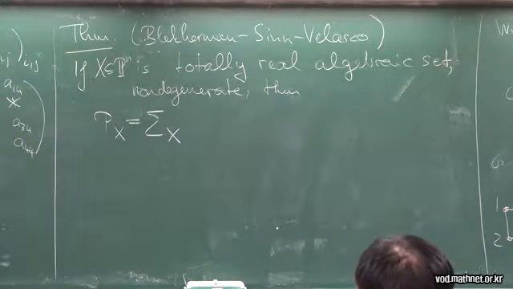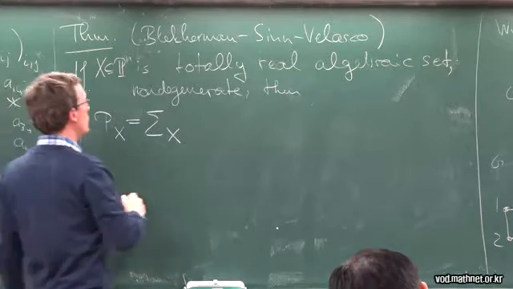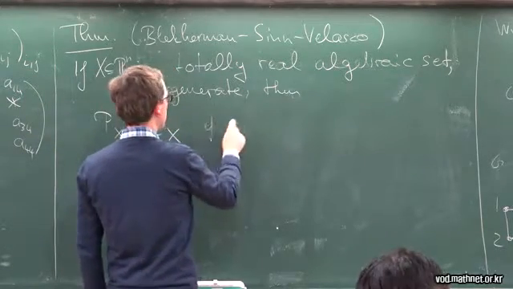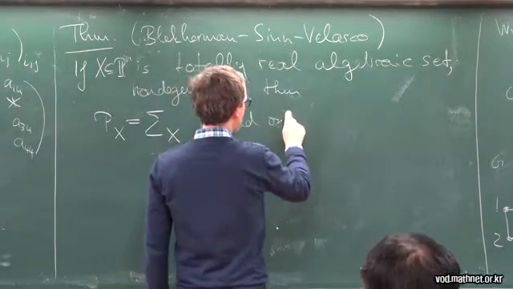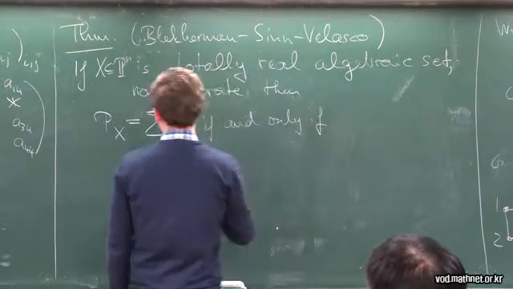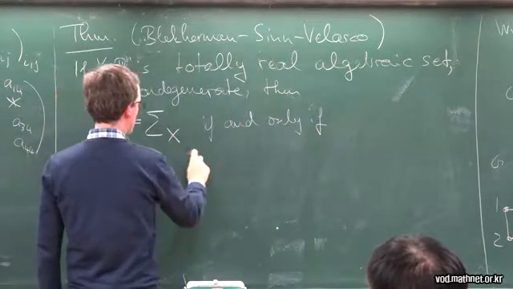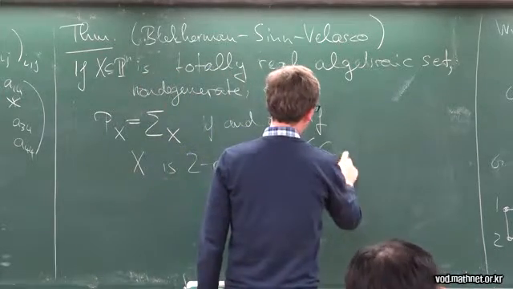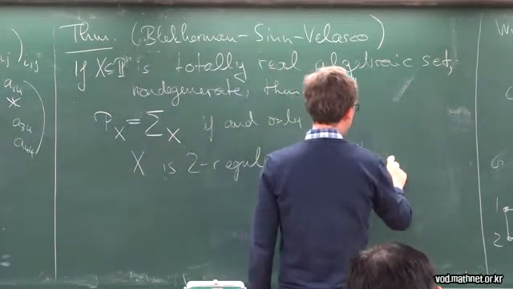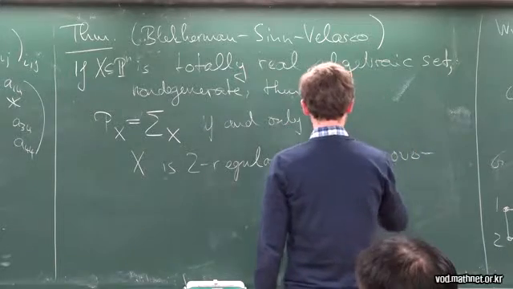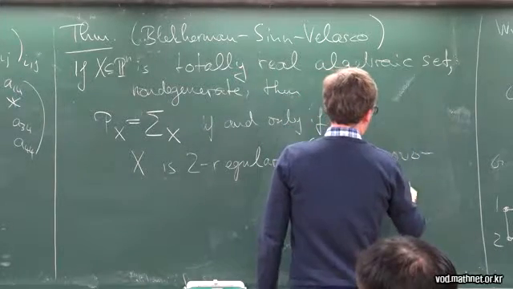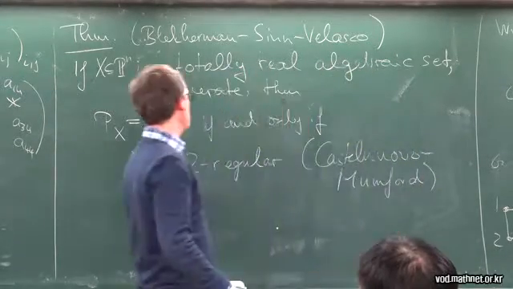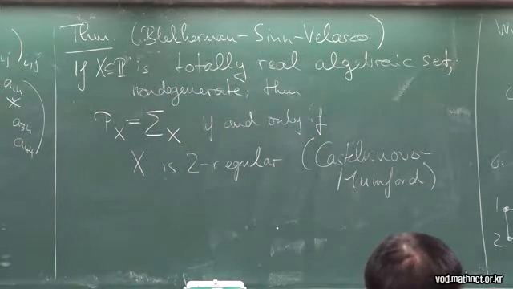So every non-negative polynomial is a sum of squares on the set if and only if X is 2-regular. I mean Castelnuovo-Mumford regularity. So the free resolution is linear.